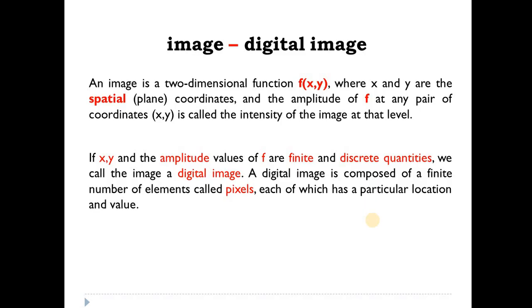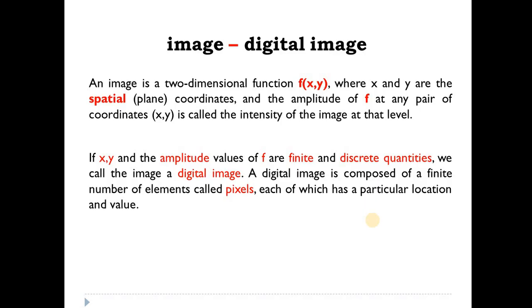Now we are going to process this image using a digital computer. So it is necessary to convert this analog image into a digital image. If the spatial coordinates x, y and the amplitude values of the function f are all made finite and discrete quantities, we call the image a digital image.